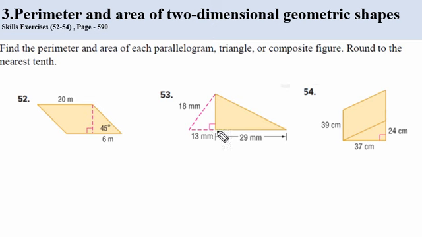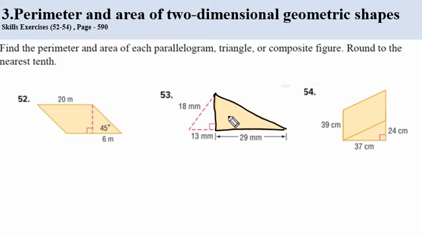Now, what about this? This is given 29. What is perimeter? Perimeter is the sum of all sides. So if I'm only finding the perimeter of this, it means this 29 plus this height plus this height.